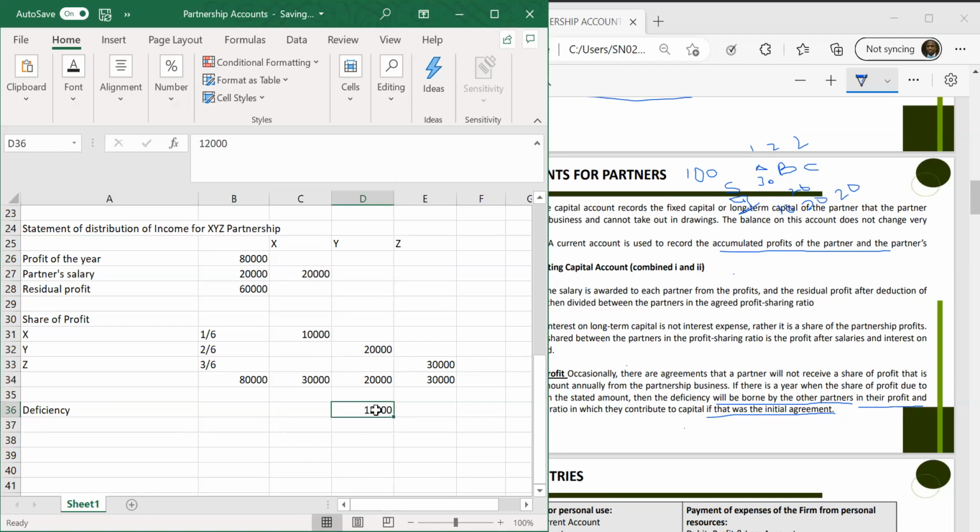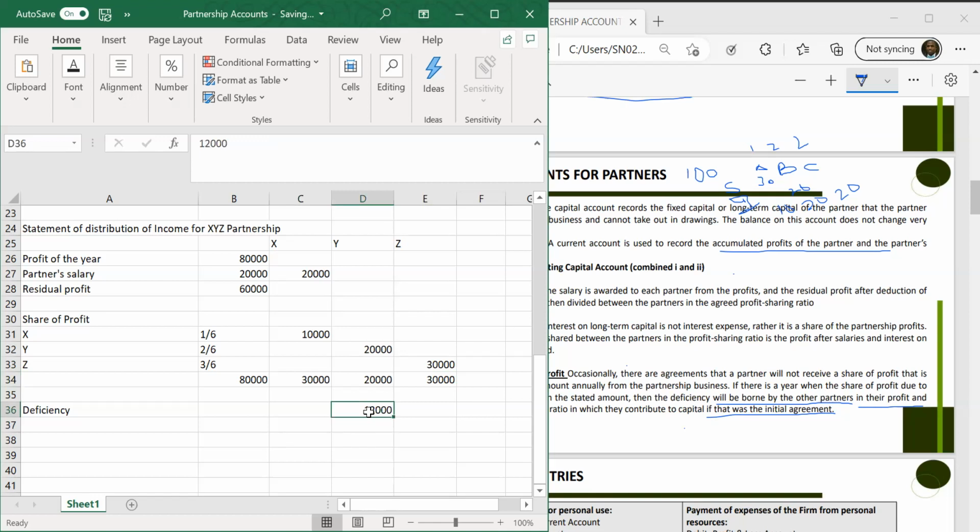If we are adding 12,000 naira to this guy, that means we are removing a total of 12,000 naira from this guy and this guy. It means that X must pay a portion of the 12,000, while Z must also pay a portion.